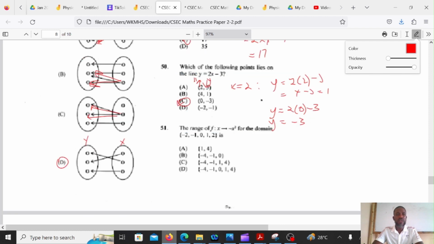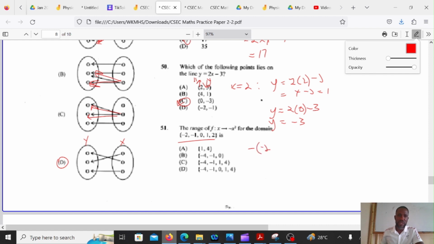Now, the range of f(x) where f(x) = −x², given the domain values. We want to find the range. We get the negative of (−2)². Even though we square negative 2, which gives a positive number, the negative sign is still going to make it negative 4. If we do the same with −1, (−1)² gives 1, but the negative sign outside gives us negative 1.